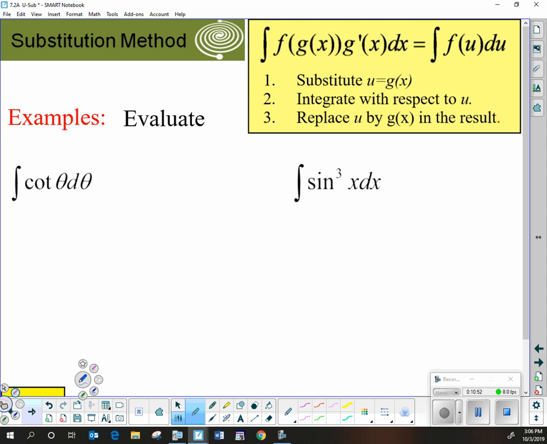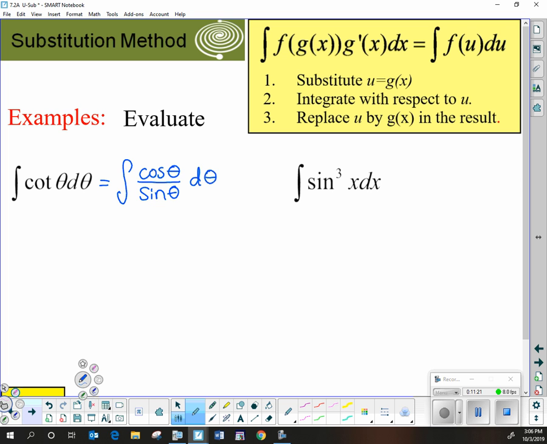Cotangent of theta. You may remember, because we did memorize this one, but if you don't remember, we can do it through u substitution. Let's rewrite cotan into cosine theta over sine theta d theta. And the derivative of cosine is negative sine, but also the derivative of sine gives me cosine.